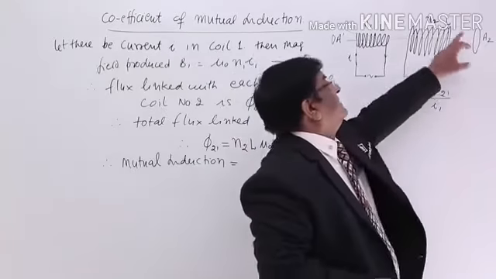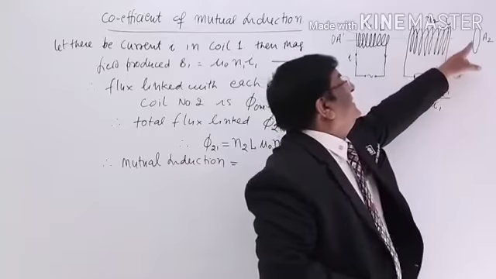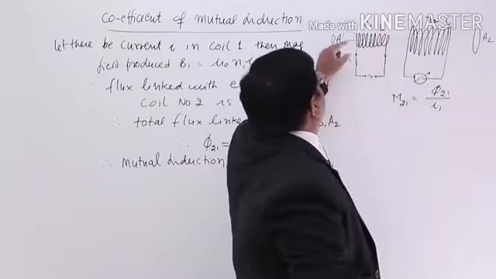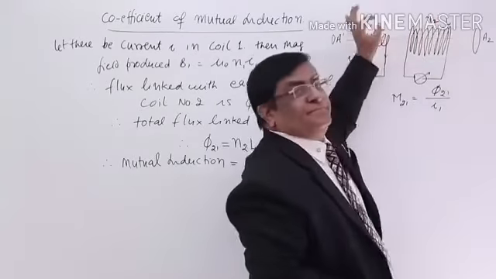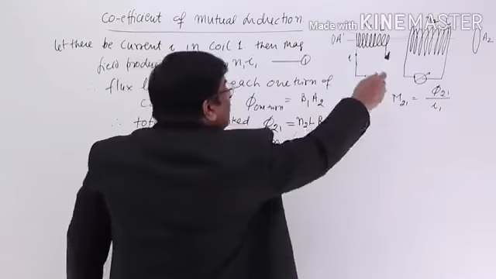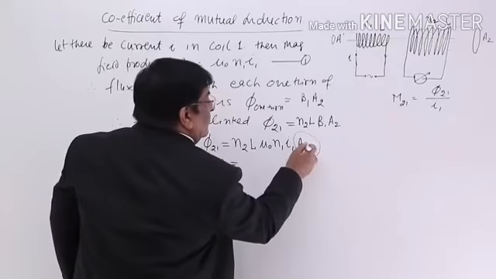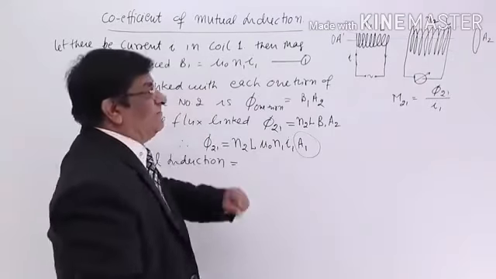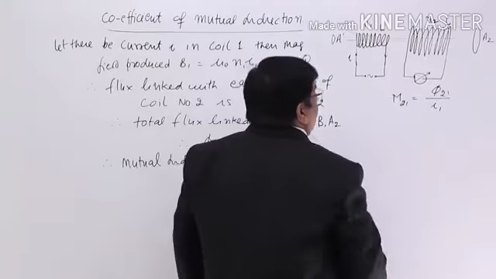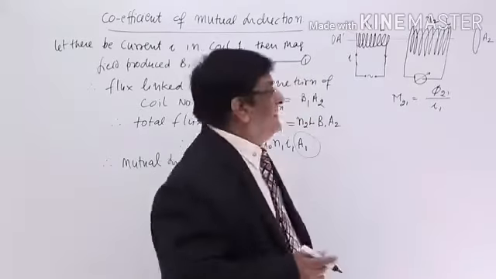A2 is this area of the coil, and here we observe that this area is larger than this area. If it is larger than this area, then I would like to put here A1. Why? You have to remember this thing, and this is like a quiz.